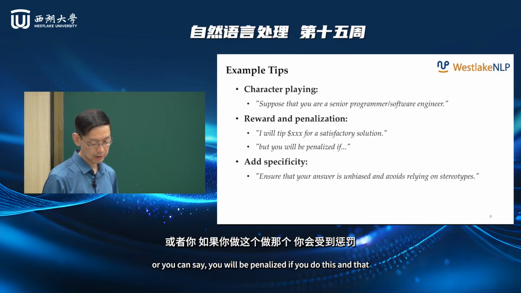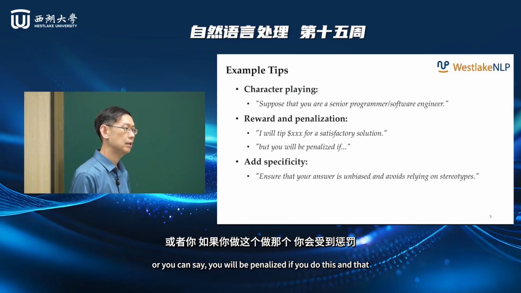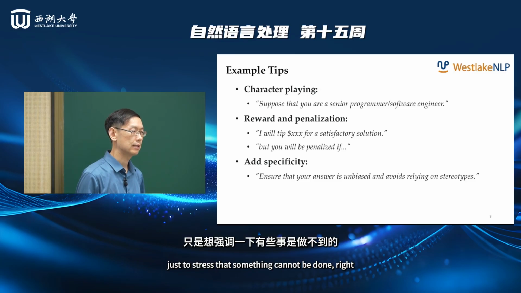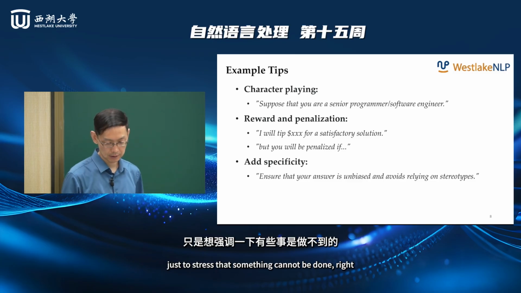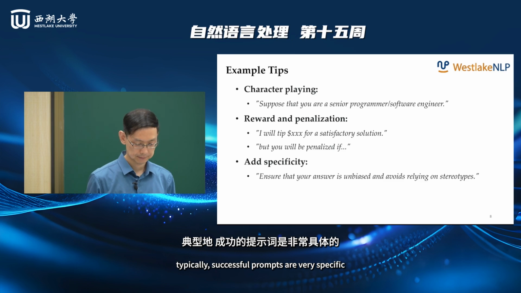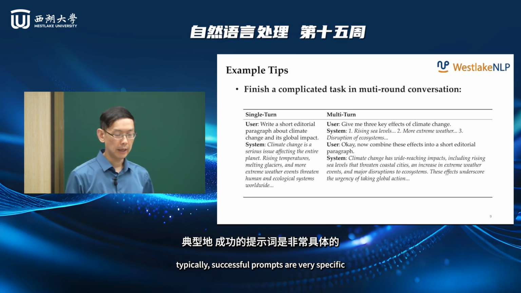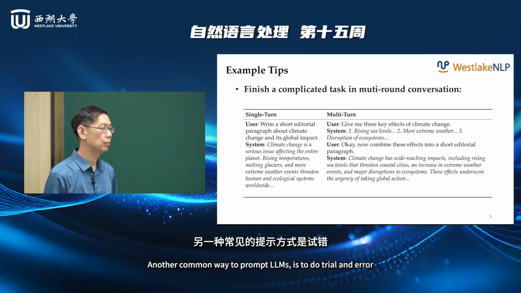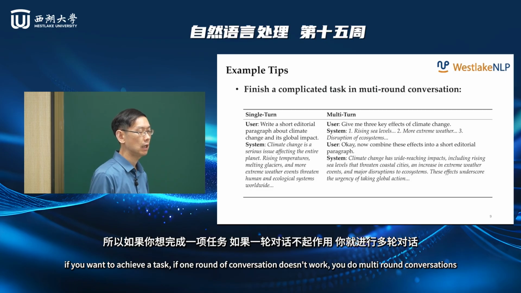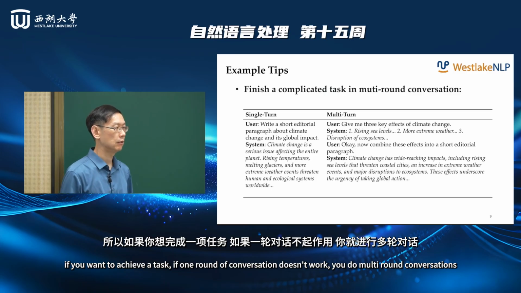Or you can say, you will be penalized if you do this and that, just to stress that something cannot be done. All right? So typically, successful prompts are very specific. Another common way to prompt an LLM is to do trial and error. So if you want to achieve a task, if one round of conversation doesn't work, you do multi-round conversations.